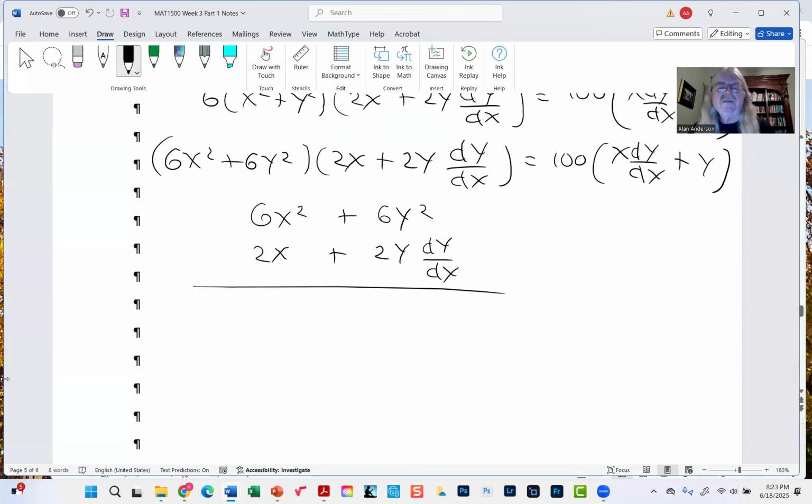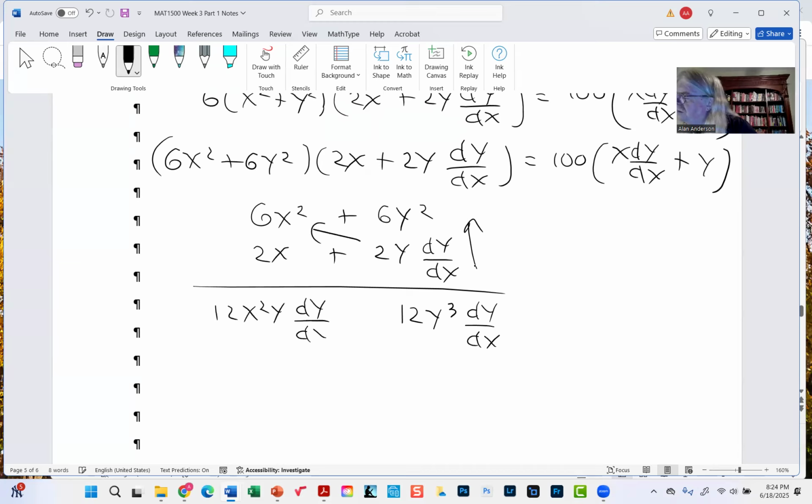All right, so what does that leave us with? So when we multiply these two terms together, we get 12y cubed dy dx, 12x squared y dy dx, 12xy squared, 12x cubed.